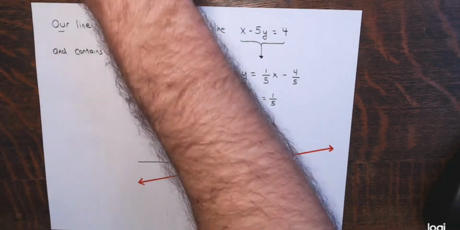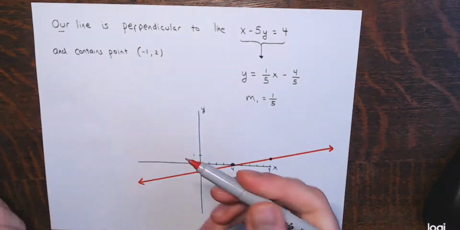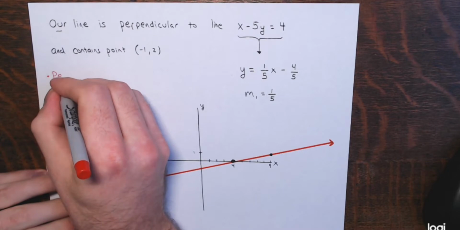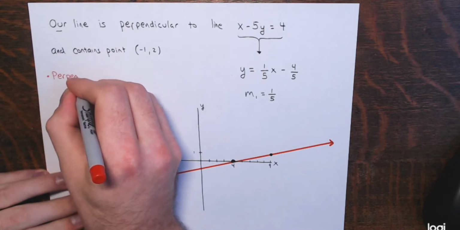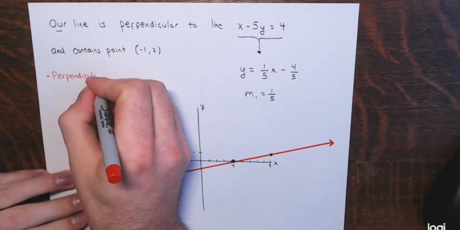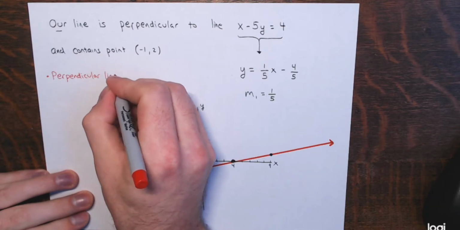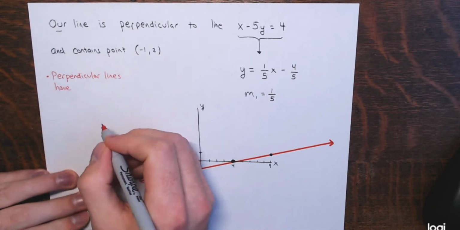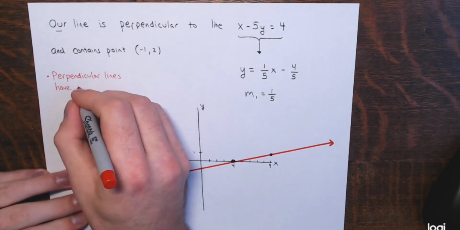Now I hope you recall that perpendicular lines have negative reciprocal slopes or opposite reciprocal slopes.